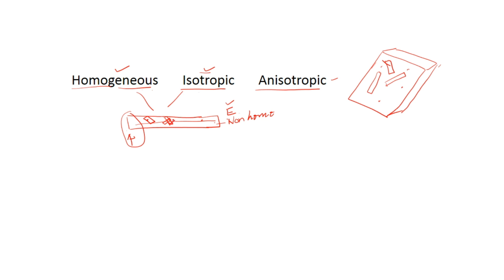So when we heat it, it remains isotropic, but it is now non-homogeneous. A material is anisotropic if the properties are different in different directions. We will take up in detail how to represent these materials mathematically in our next slides.